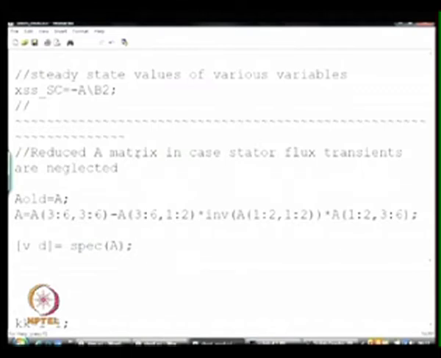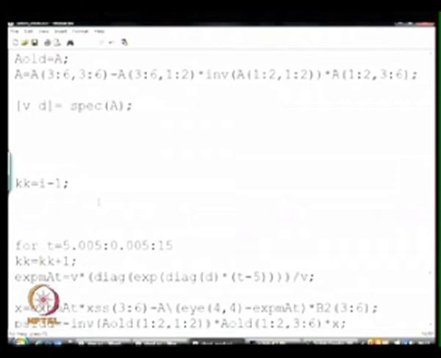I call this A old, as I just store the old A matrix in A old, and I form the reduced A matrix. This is just a 4 by 4 matrix in the slow variables, which are states 3 to 6, that is psi h, psi f, psi g and psi k, and I do the simulation of this system.